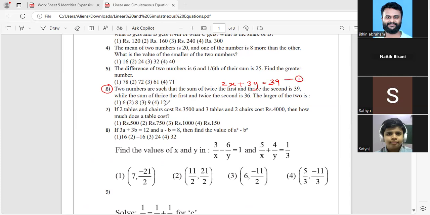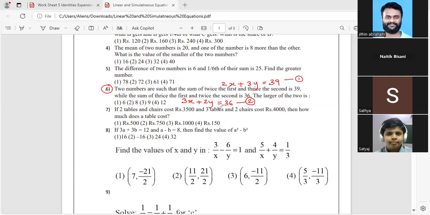While the sum of the thrice of the first number and the twice of the second number is 36. So the second equation goes like this: 3x, thrice the first number, plus 2y, twice the second number, is equal to 36. This is your second equation. The larger of the two is how much? You might not be sure which one is larger.